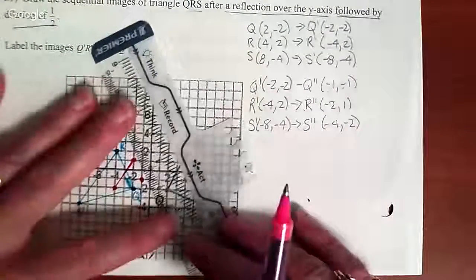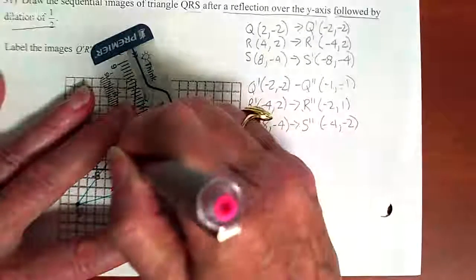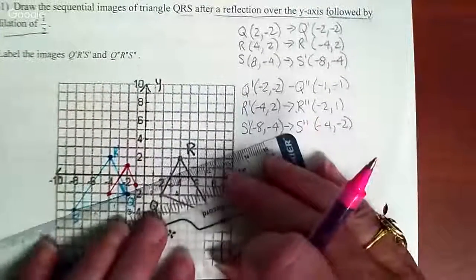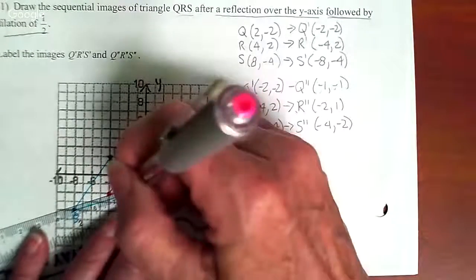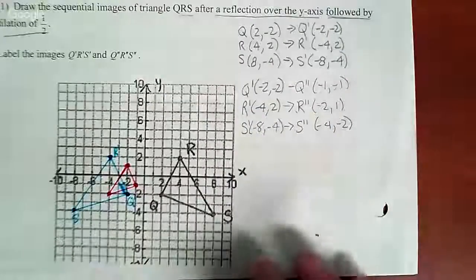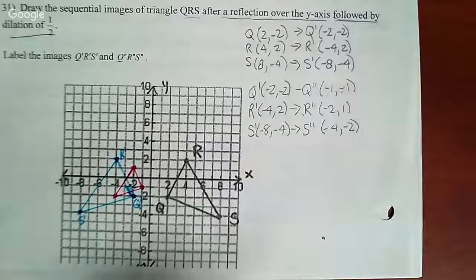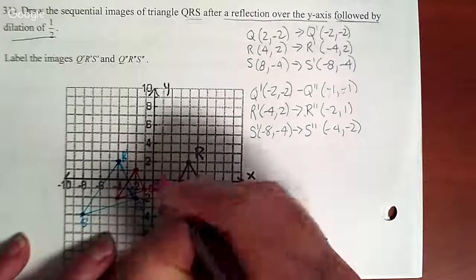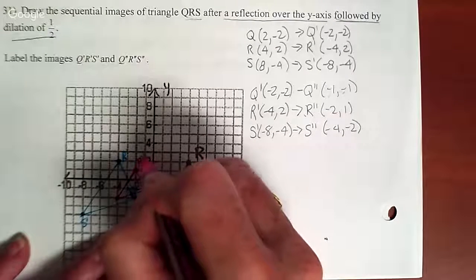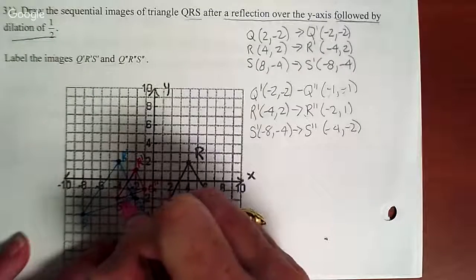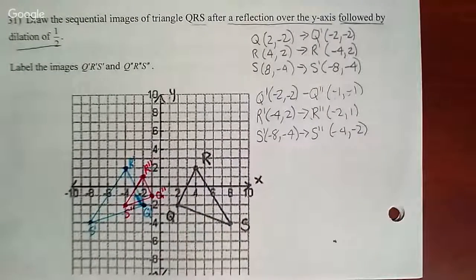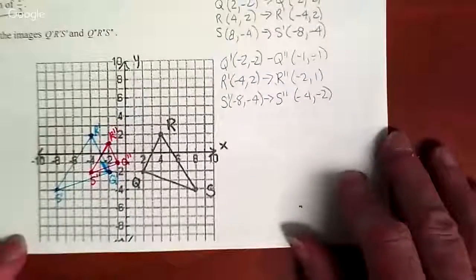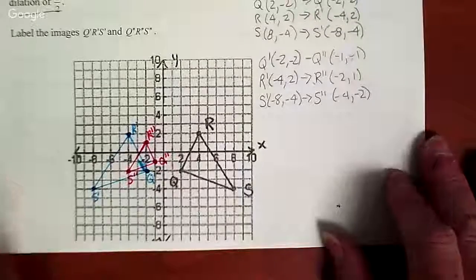You would have here. And you would have here. So you would have Q double prime, R double prime, and S double prime. And that's what that should look like, ladies and gentlemen, right there. Okay?